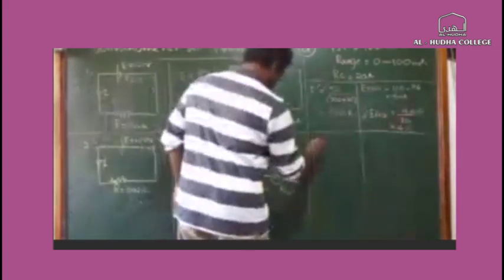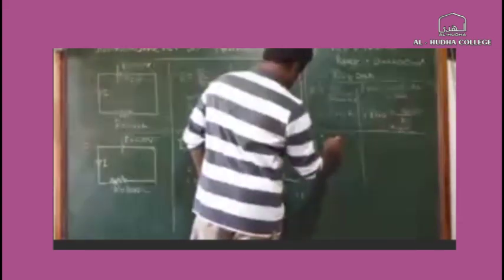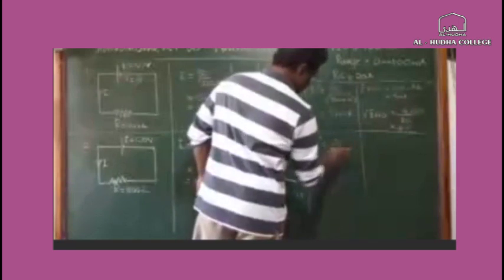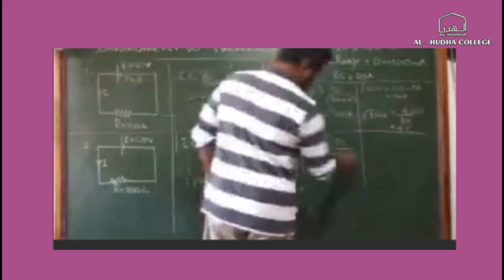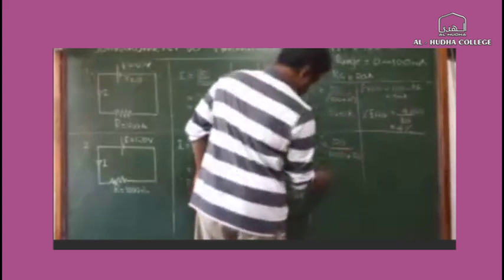So the new I dash is 120 divided by 1200 plus 20, which comes to about 98 milliamps.